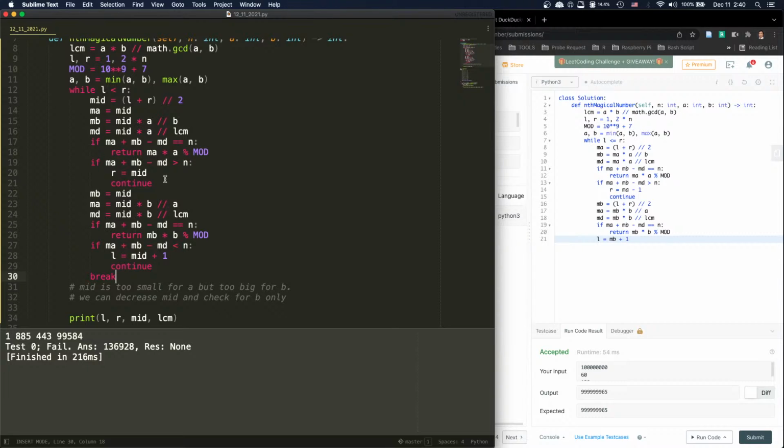So we find the lower bound. We find the lower bound on A. Okay. So that means the value cannot be smaller than what we have for A. Okay.